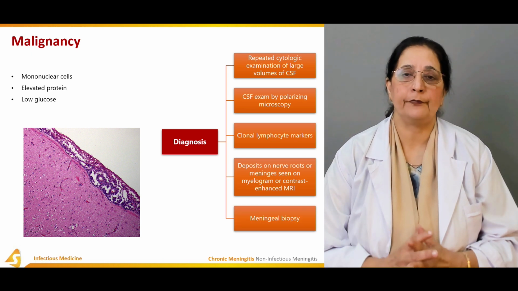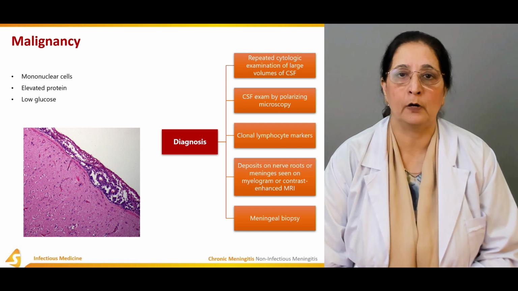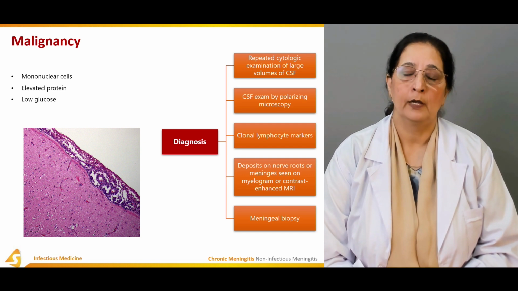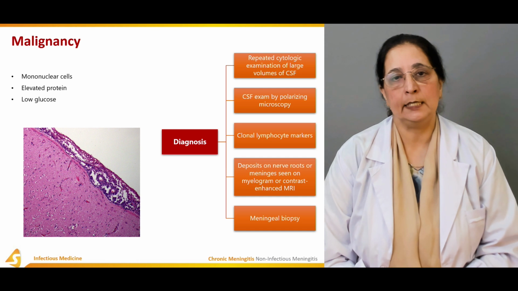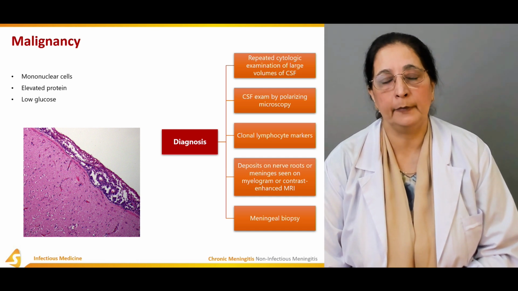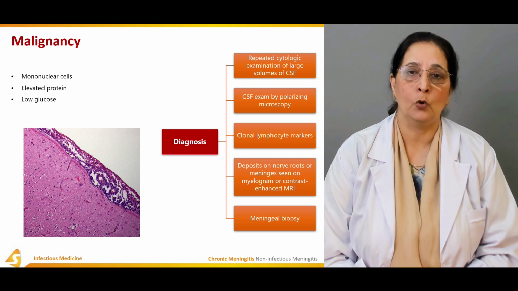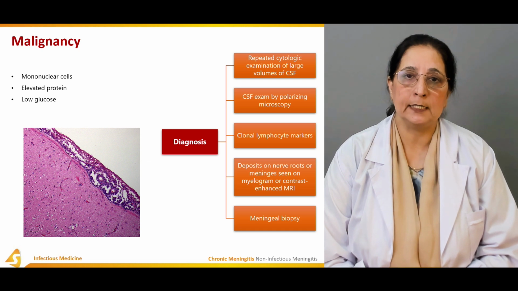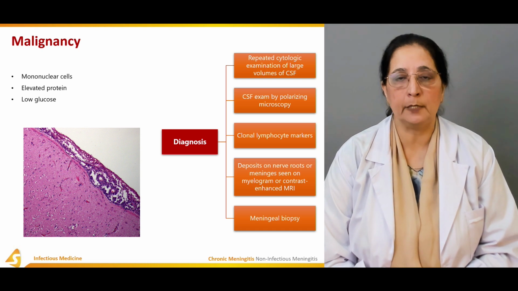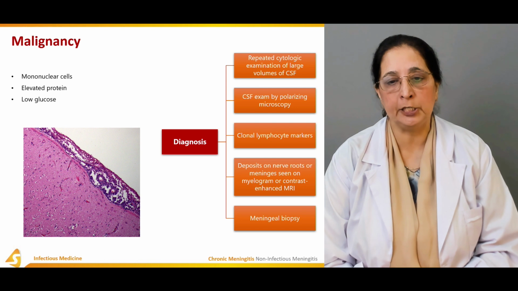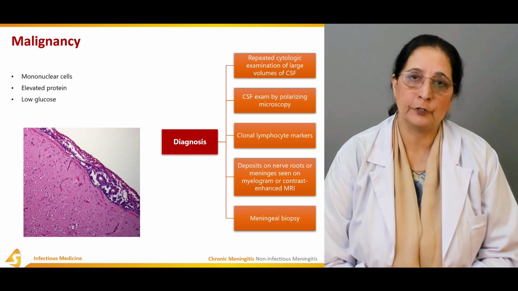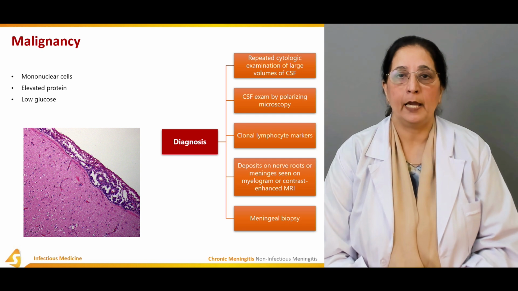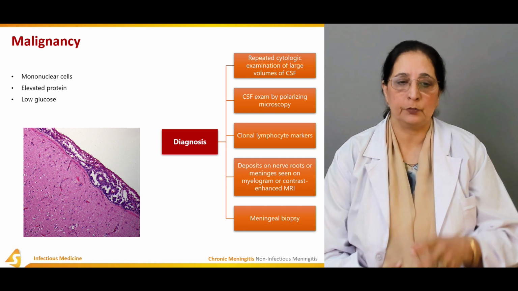All these different tests are used for the diagnosis of malignancy associated with chronic meningitis. And as we know, for most of the malignancies, biopsy is important for diagnosis. So in this case, meningeal biopsy, and then we should go for lymphocyte markers, and MRI exams should be done.